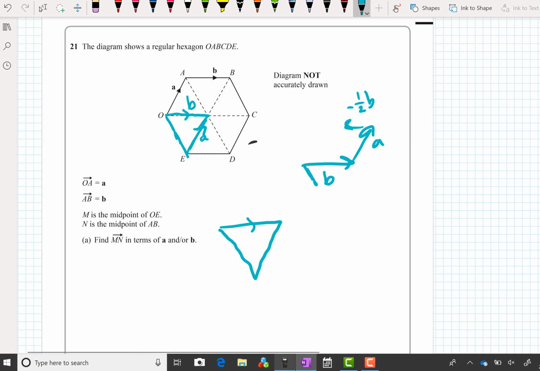So that's B. So going from this point, there's the blue again, to this point, that's B, and going from this point to this point, that's A. Now, if I'm to go down the opposite direction of A, so that's negative A, and then I'm to go along here, whatever that is, I end up at B. So I started at the end of B.